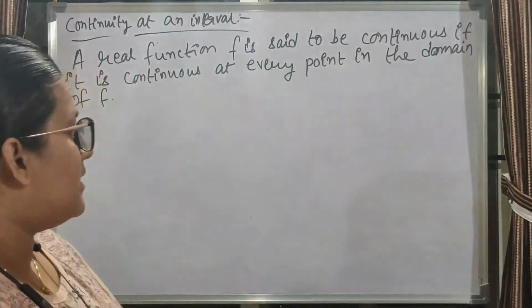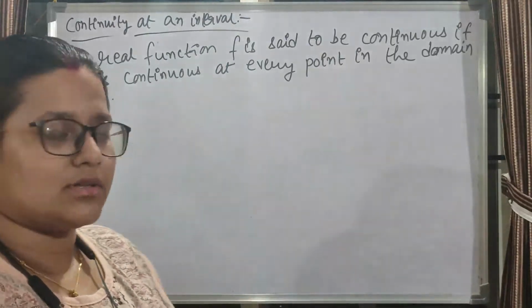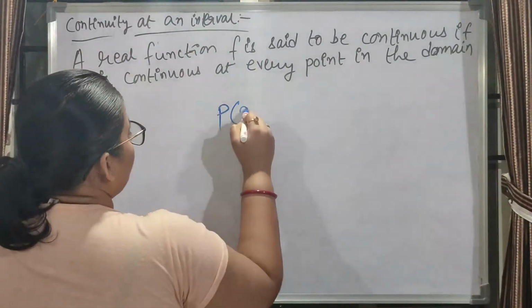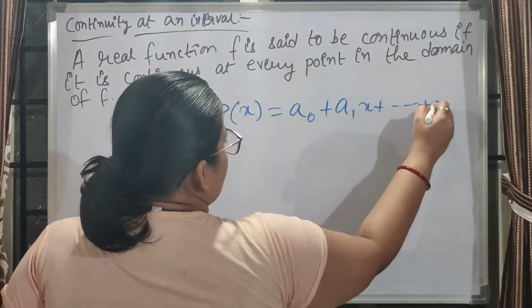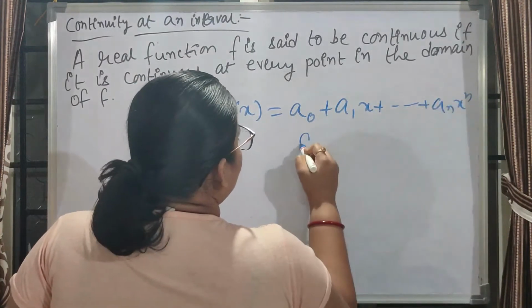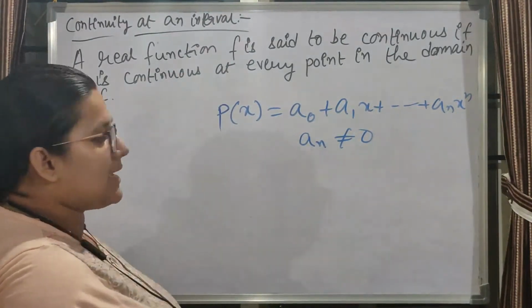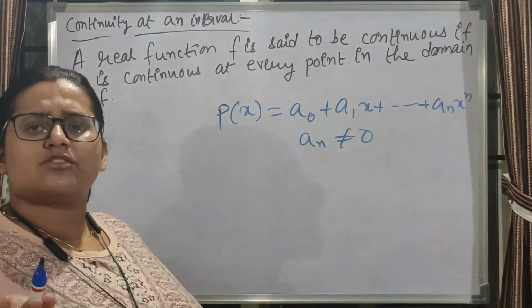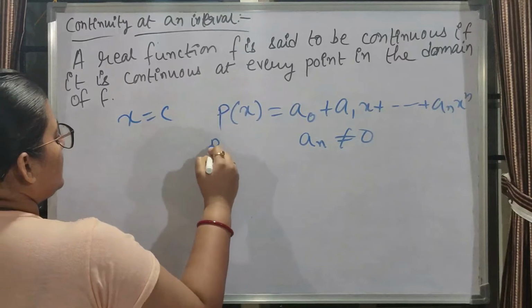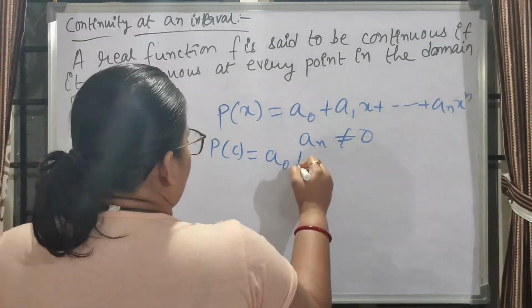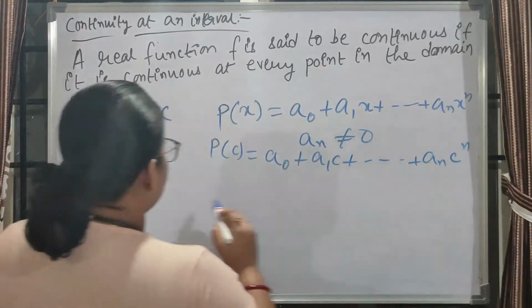We already said that a polynomial function is always continuous. Now see the proof. We know what a polynomial function is. This is an nth degree polynomial, a not equal to 0. We can take any point, because its domain is all real numbers. Take any point x equal to c. The functional value will be a0 plus a1c and so on, up to an c power n.